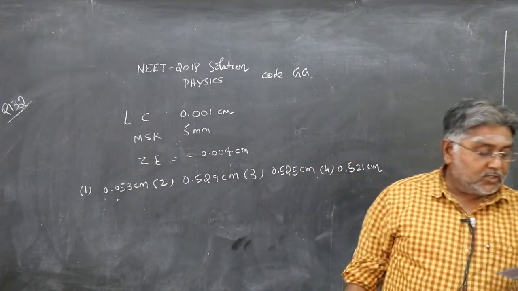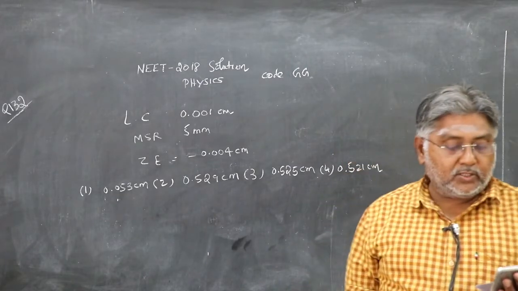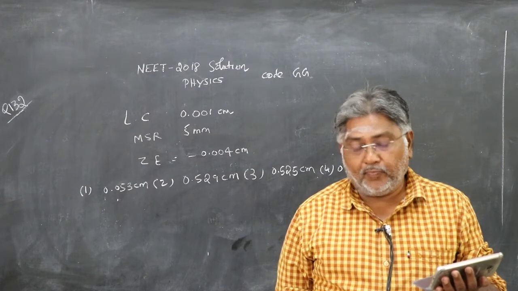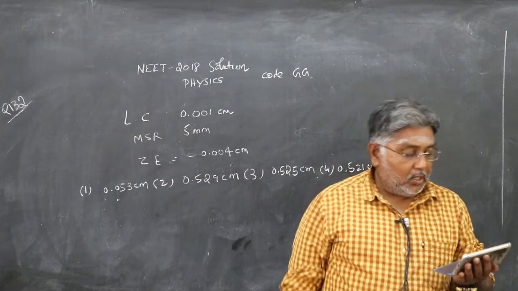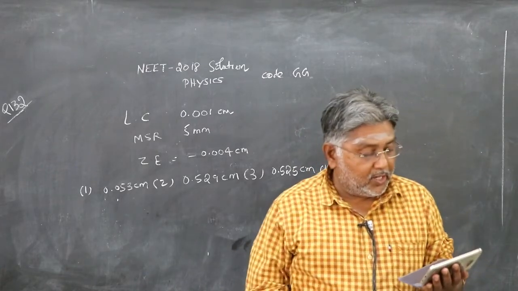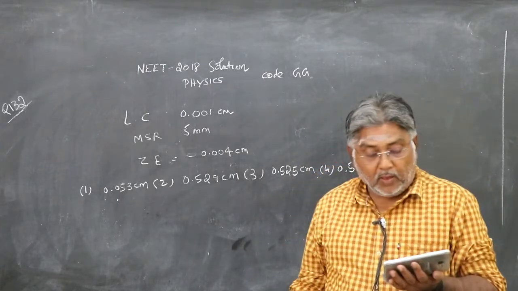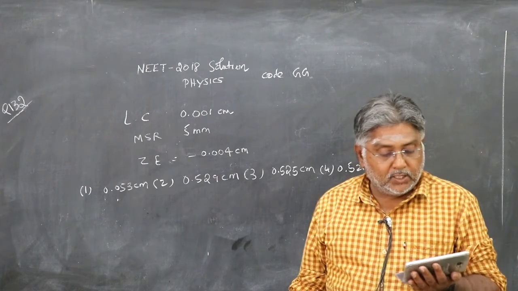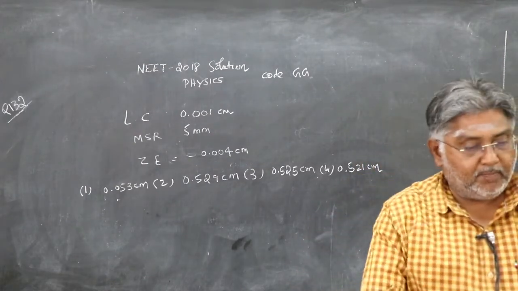If screw gauge has a zero error of minus 0.004 centimeter, the correct diameter of the ball is: 0.053 centimeter, 0.529 centimeter, 0.525 centimeter, 0.521 centimeter.